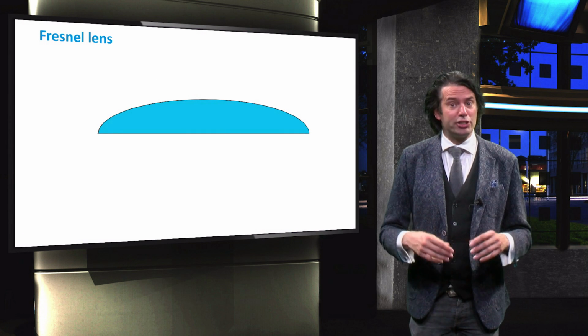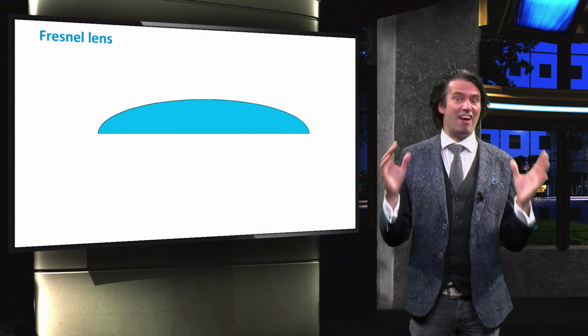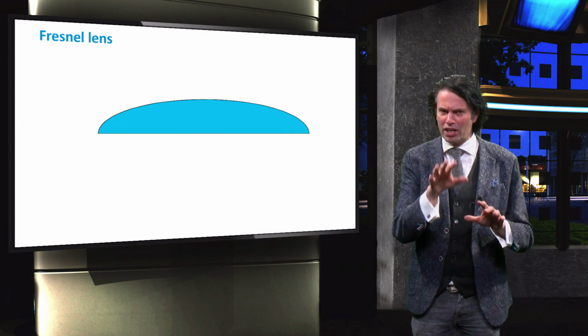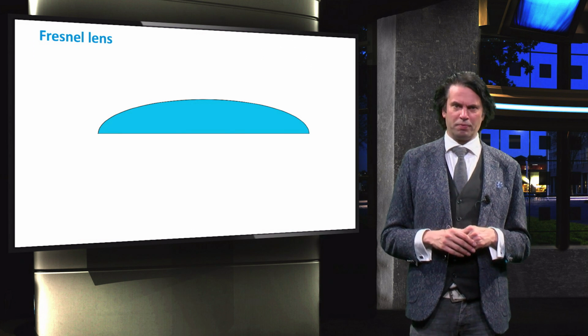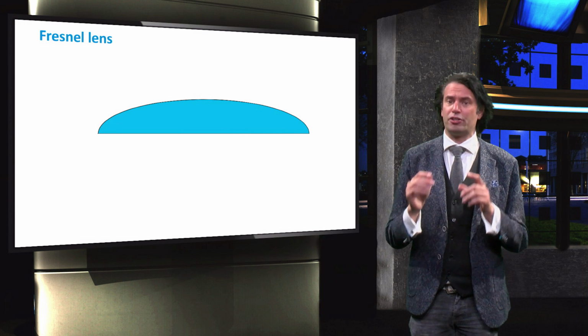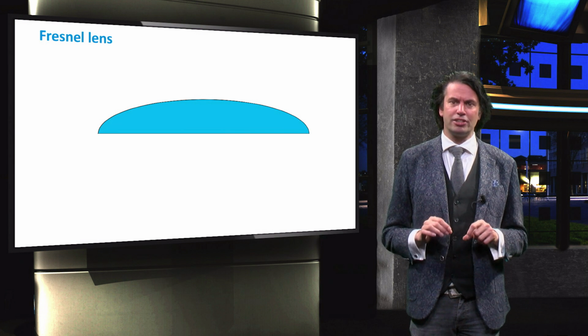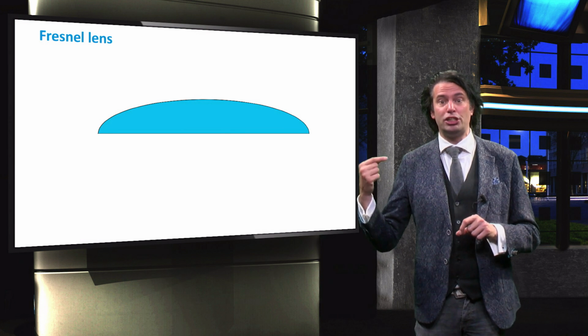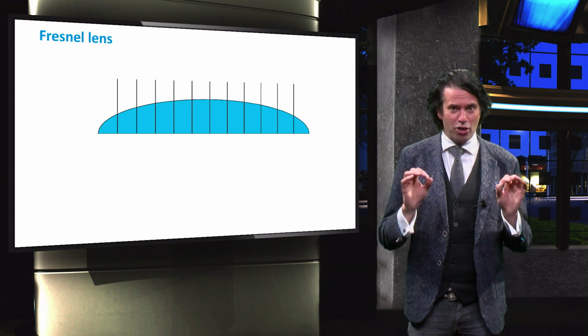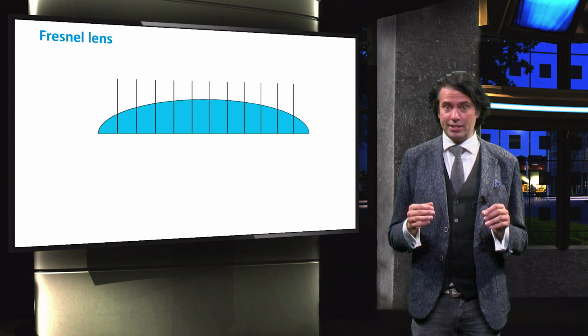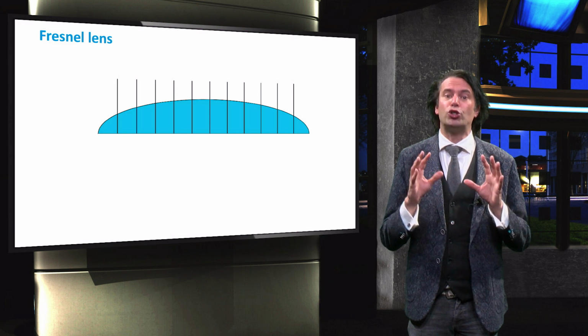For CPV application, normal lenses would have to be very thick. These lenses would be relatively expensive and have a relatively high optical absorption. Therefore, Fresnel lenses are generally used. For Fresnel lenses, the lens is collapsed back to zero thickness at a number of points. This figure illustrates how this is achieved. The lens is divided into a number of grooves.